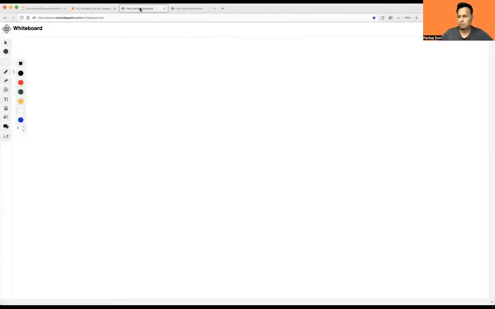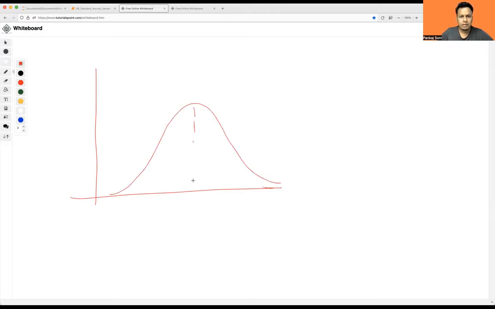Let me go back to the whiteboard and draw something so that you can easily understand. As per Gaussian normal distribution, if any data is following the curve where mu equal to 0, then mu plus minus 1 sigma will be somewhere here. This will be 2, 1, and this will be 3.